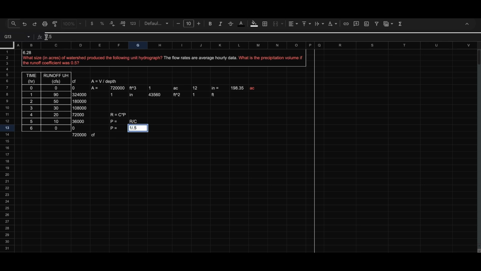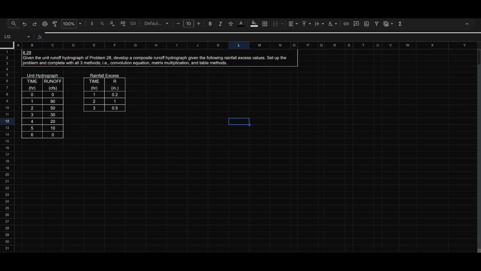Oh, I forgot the equals. So you get a precipitation of 2 inches. And that makes sense because, again, this is a unit hydrograph, so the runoff volume needs to be 1 inch. If the runoff coefficient is 0.5, the precipitation must have been double that, right? So this is the answer for the second question, 2 inches.